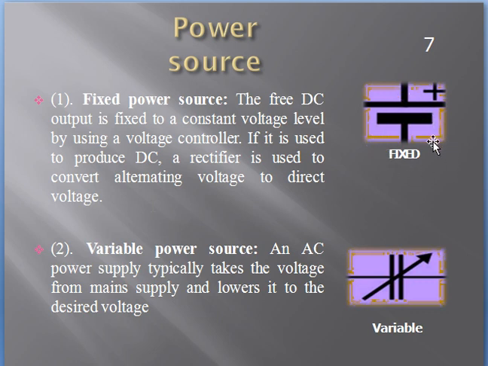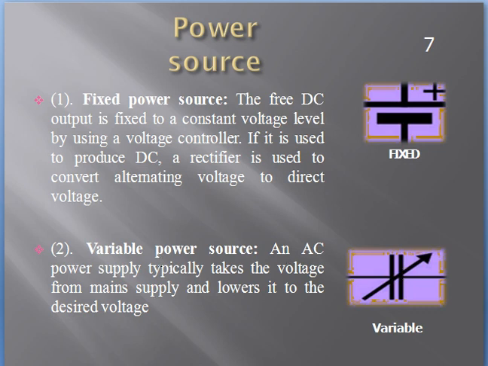You can see here this is a fixed power source and this is a variable power source. Variable means an AC power supply typically takes the voltage from the mains supply and lowers it to the desired voltage. That's why this arrow mark is there, which represents that it is variable, not a constant value.